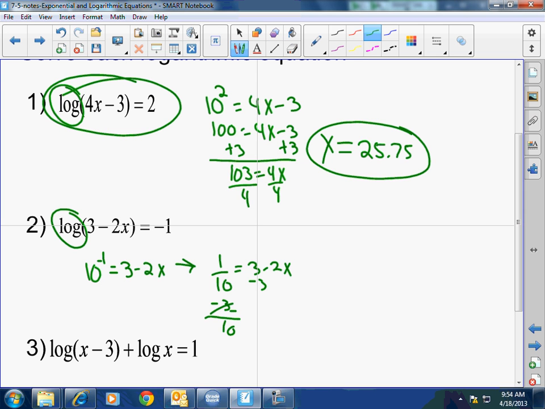Common denominator is 10. That becomes a negative 30. So I have negative 29/10 equals negative 2x. Get rid of that negative 2x by multiplying by the reciprocal to both sides. So this is going to be 29/20 equals x, which is 1.45.